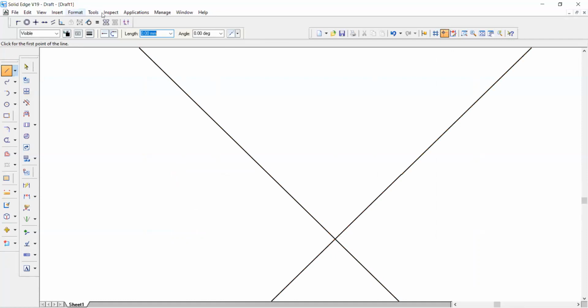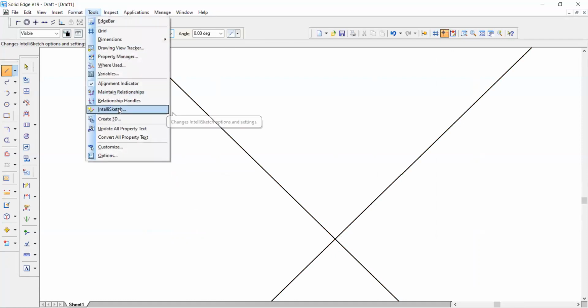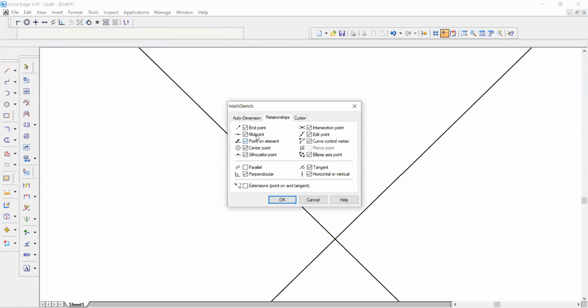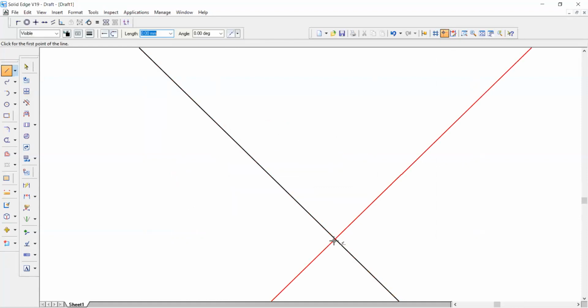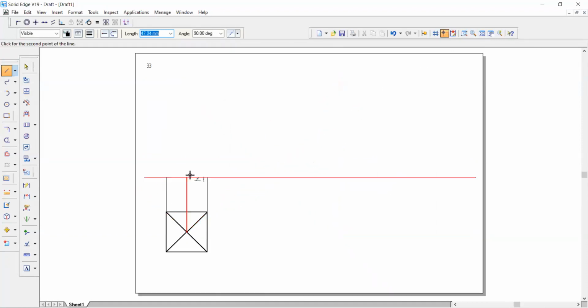If you're not getting the intersection point, go to Tools, IntelliSketch, Relationships. For the time being, remove this midpoint so that you get the intersection here. I told you that first you have to draw the axis line. Axis height is 60, which is given in the question. After that, you just join this.